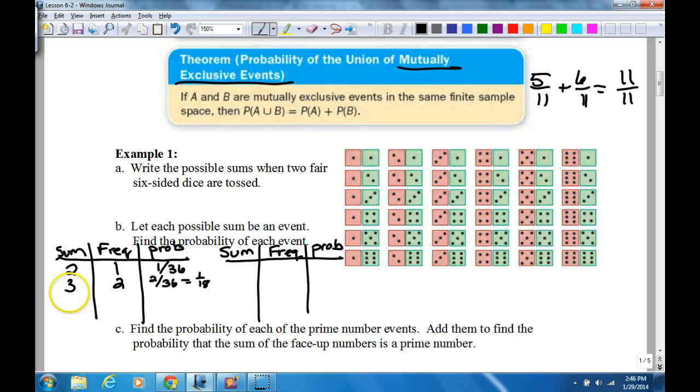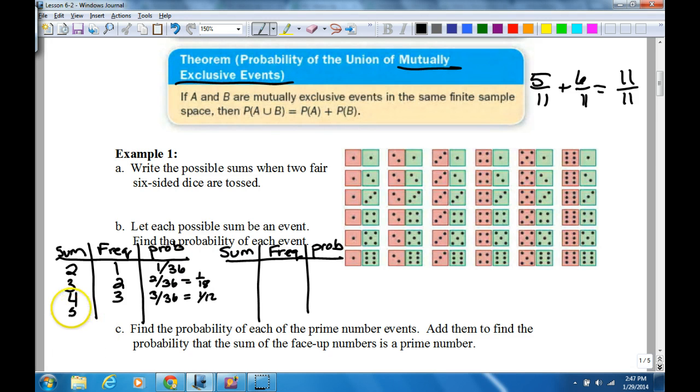How about the sum of 4? Yep, 3. You have a frequency of 3. 3 out of 36, 1 over 12. What's the probability? Yep.